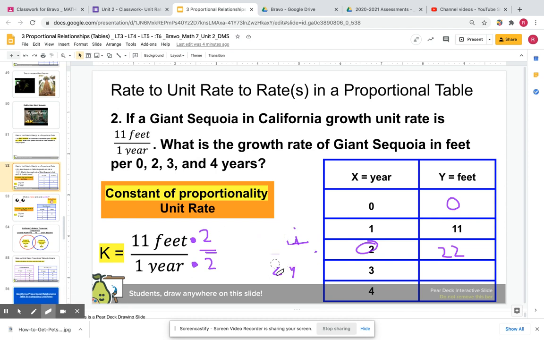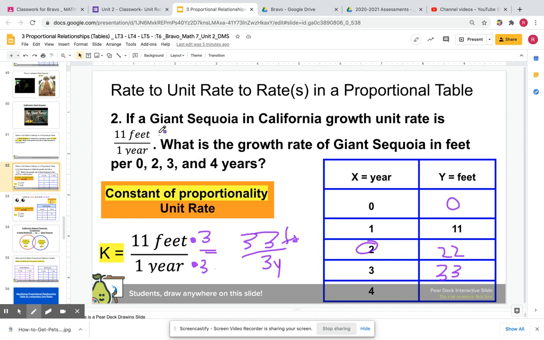What if I want to know about 3 years? Well, now I have to go back to my constant of proportionality and multiply it by a different number. I have to multiply it by the number 3 because I want to find out about 3 years. And it turns out we have 33 feet for the 3rd year. And you repeat the same process for the number 4, and essentially you constructed your table.